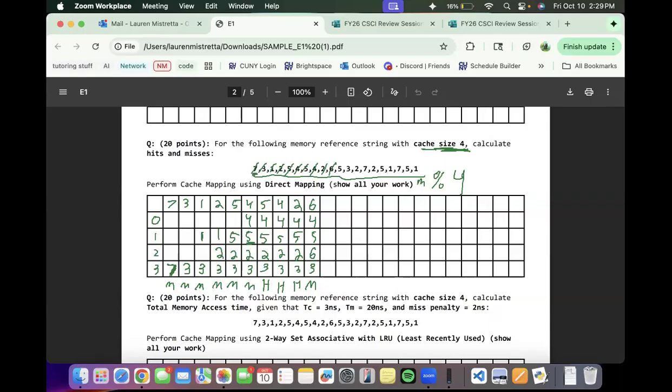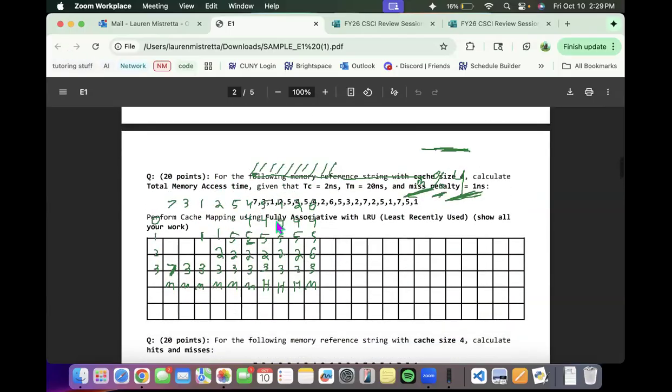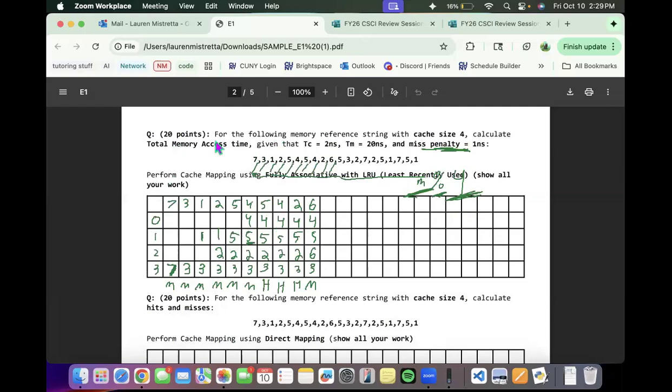And I'm going to stop here because you kind of get the gist at this point. Direct mapping, you're essentially just writing in where it goes based on your address mod the cache size. That's the most important thing to keep in mind. And you want to just keep track of your hits and your misses, because this comes into play when we find the total execution time, total memory access time.